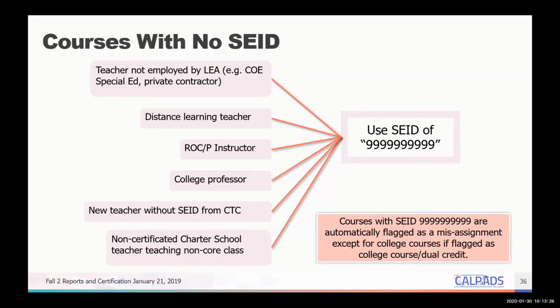Otherwise, you should be using the appropriate state course code to indicate that it's a college course so that it's not flagged. So if you have a student taking calculus at college, you wouldn't use a calculus state course code, you would use college math so that if you're reporting the staff member with the generic SEID of 999, it's not a misassignment.